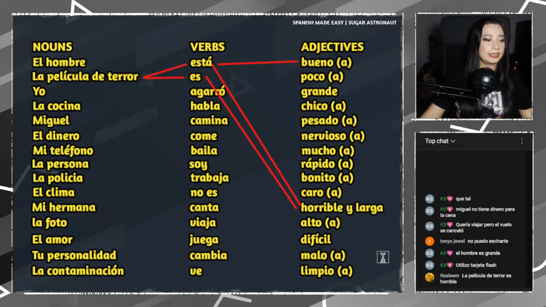Salim, la película de terror es horrible. That's correct. Good job. Yes, that's a perfect sentence, a perfect Spanish sentence. So don't be afraid.